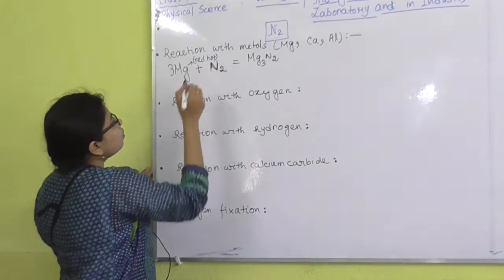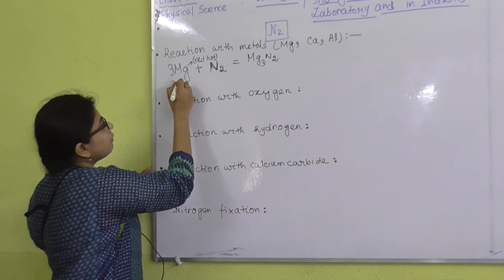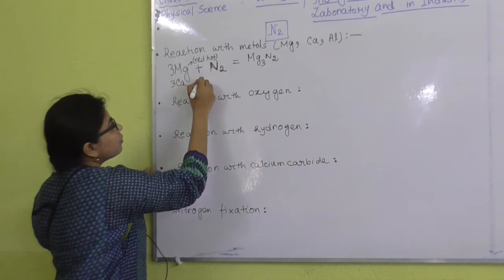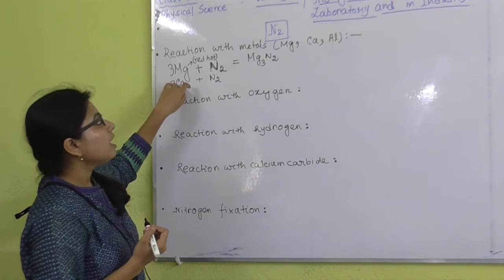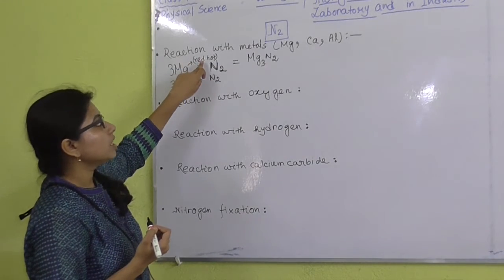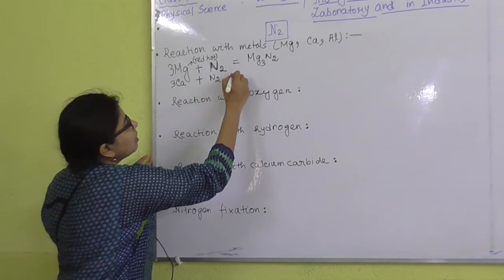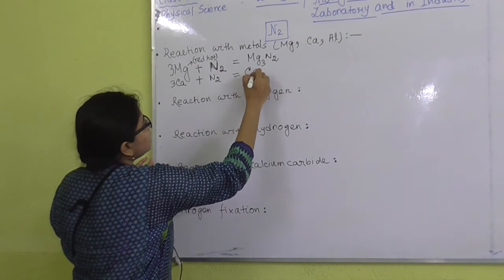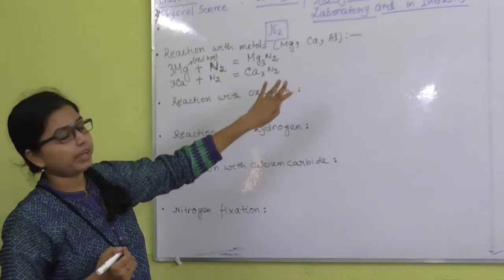Next, if you do the same thing over calcium, that is if you pass nitrogen gas over the red hot calcium metal, I have written just one time, I am not repeating the thing. Then you will get Ca3N2, that is calcium nitride.